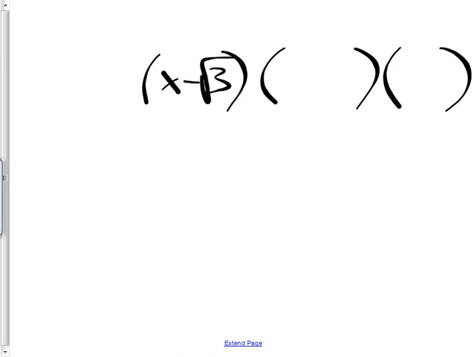Square root of 3. Because now what would I need to put here to make it equal 0? Square root of 3. So for number 13, that's one part of your answer. Okay, that's all I got for you.